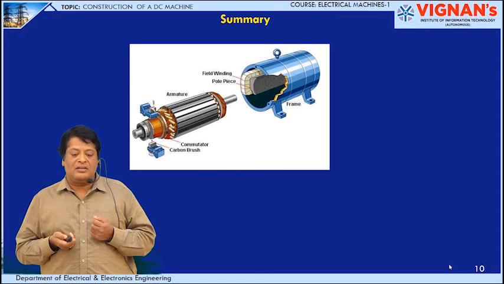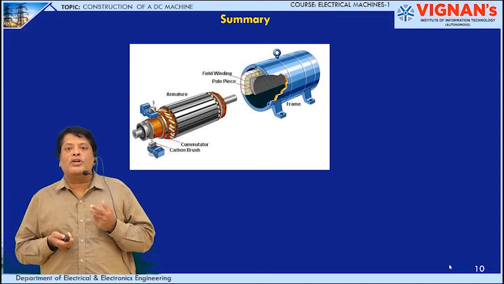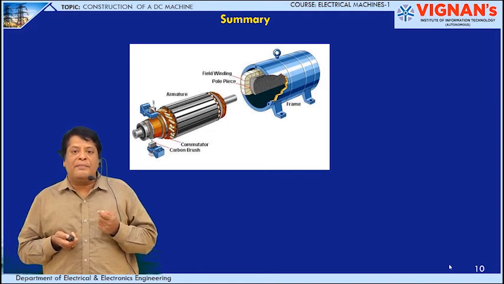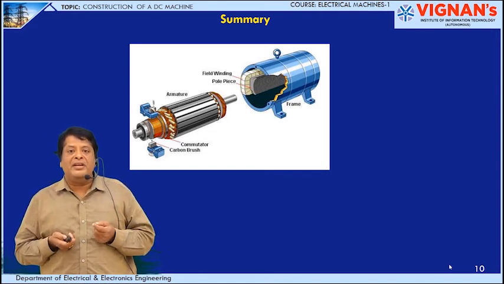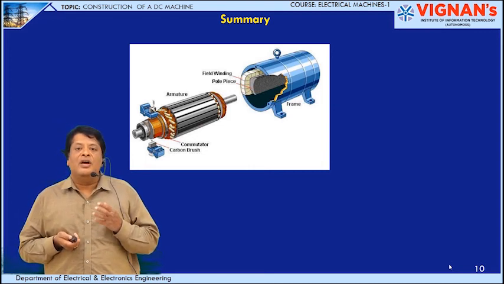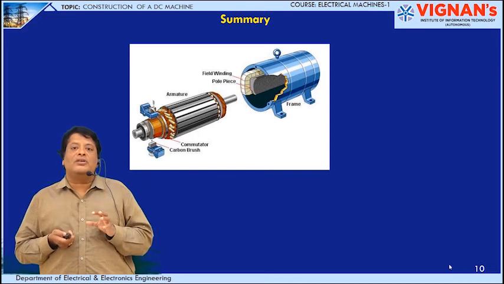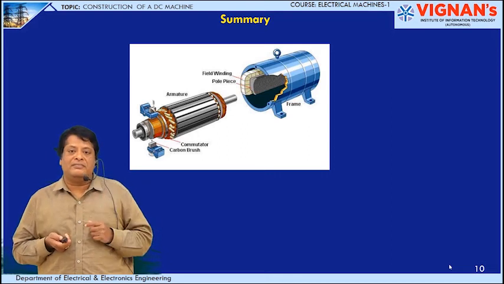The rotor is the rotating part. It has armature winding, shaft, and commutator. All these come under the rotor because these components are rotating in nature.